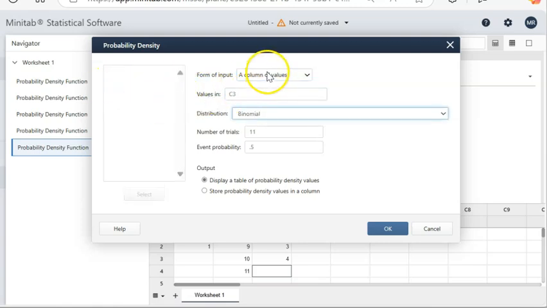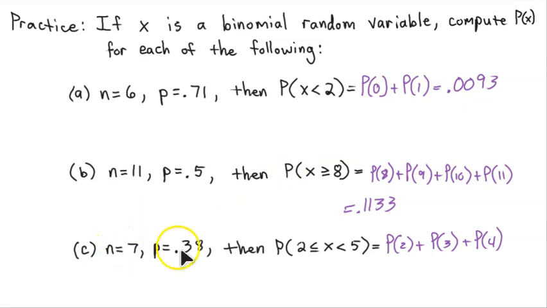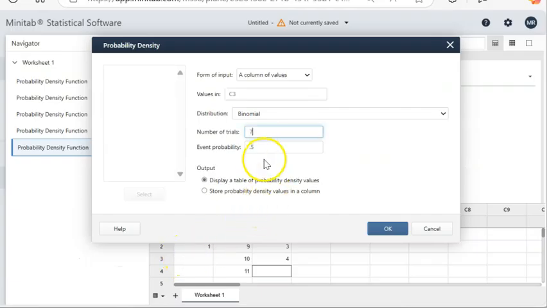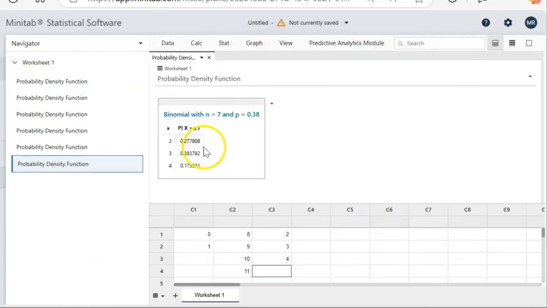There we go. Our number of trials is 7, and let's see, our probability is 0.38. So we're going to put 0.38 here, and then we'll go ahead and hit OK. And look at that, we get three different probabilities, the one for 2, the one for 3, and the one for 4. And so we're going to add these together.